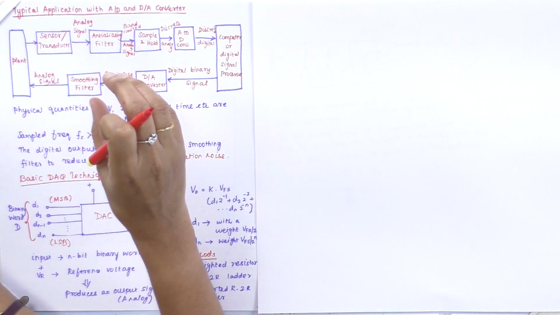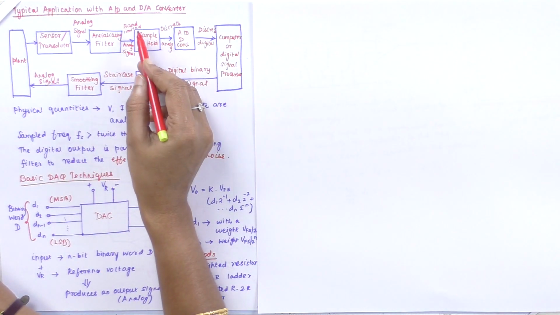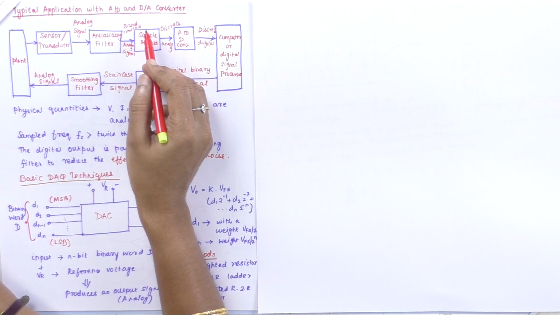We might have studied filters like low pass, high pass, band pass and band stop filters. Here the band is a specific region like 50 kilohertz to 1 megahertz or 1 megahertz to 10 megahertz. Such a band limited analog signal is processed with the sample and hold circuit.